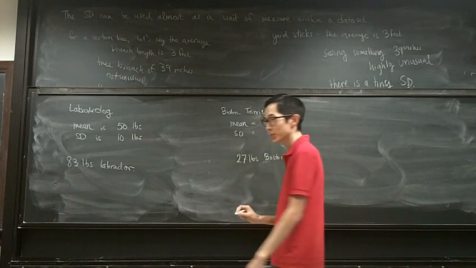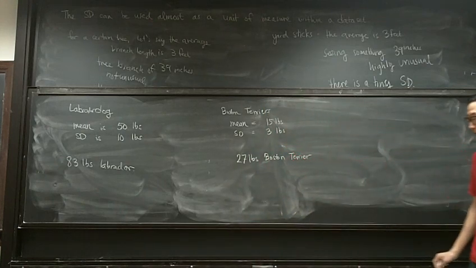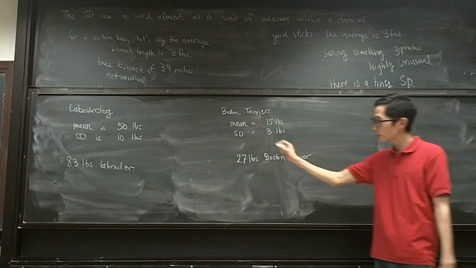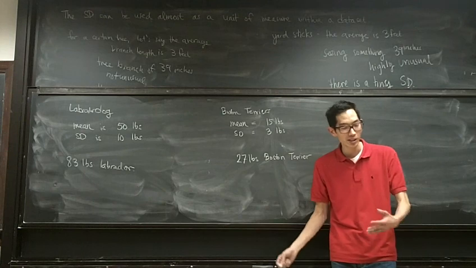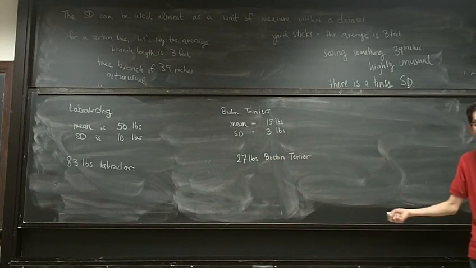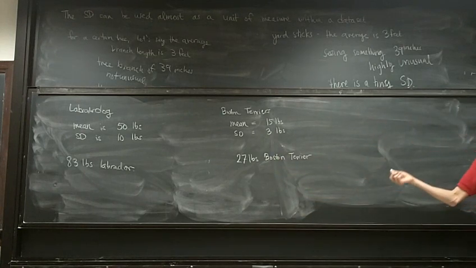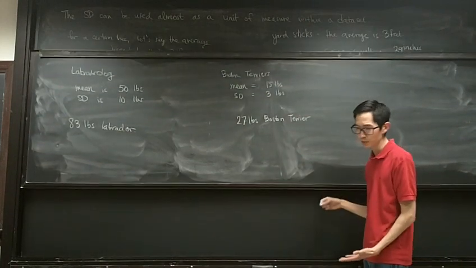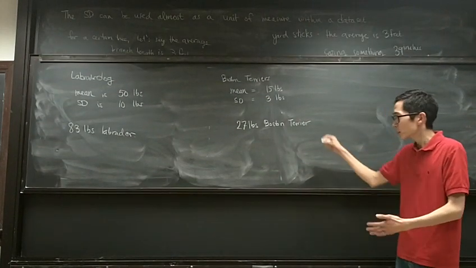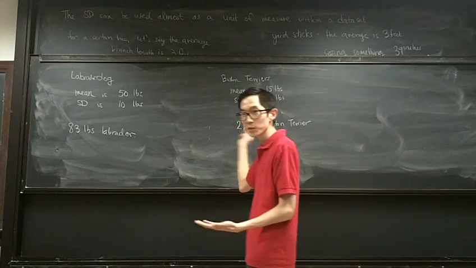So you're like, oh, well, that's a big Boston Terrier. Okay, so which of these is more unusual? The Boston Terrier. Okay, well, this is our intuitive sense. Our intuitive sense says, oh, this fat Boston Terrier, something's wrong with that thing. Okay, but we can use statistics to back this up.